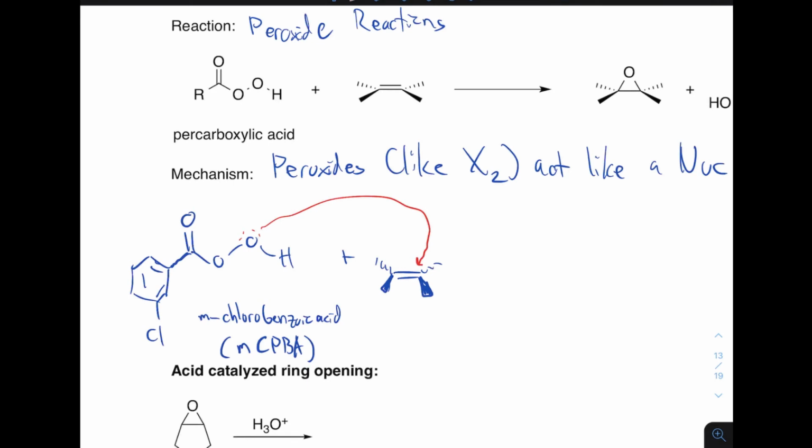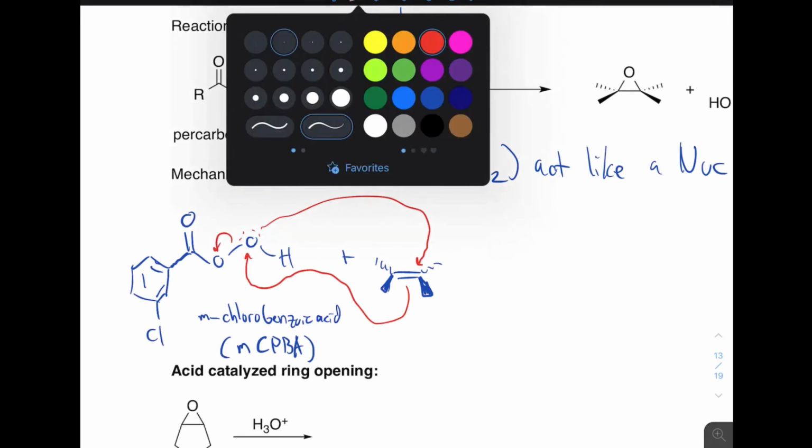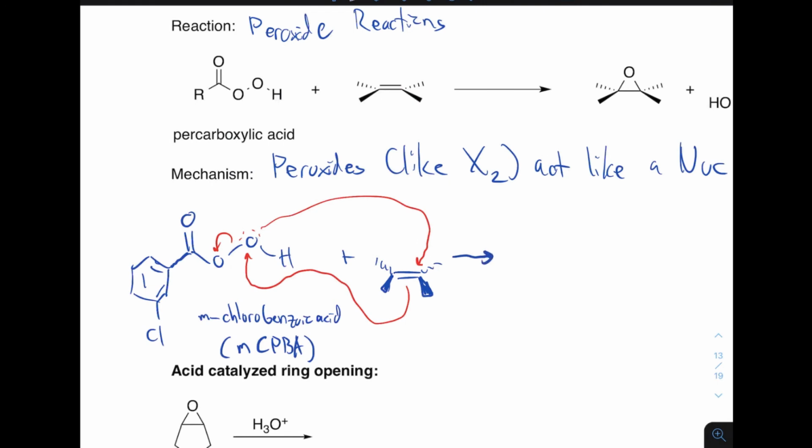It'll attack here, it'll attack the oxygen, and this will end up leaving. And then we end up getting the following peroxide. Here in this case, because these aren't really chiral centers, it doesn't matter, but the peroxide can add from the top or bottom.